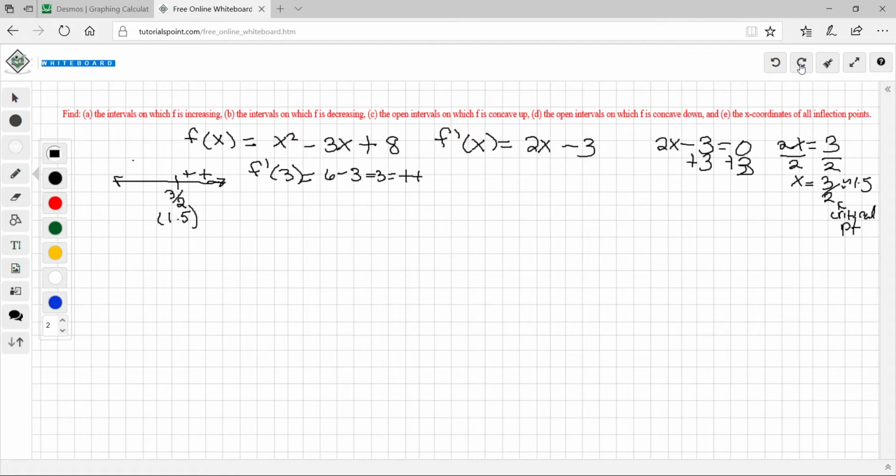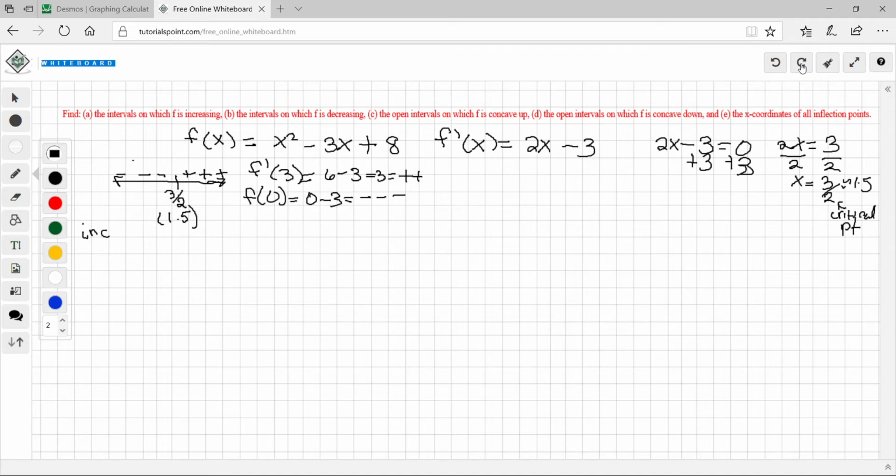And now we need to go to the left side of 3/2, so we're going to use a number that's less than 3/2. I'm just going to use 0 because it's simple. So f prime of 0 is minus 3, which is negative, so we just put a negative on the left side. Wherever you see a positive is increasing, and whenever you see a negative is decreasing.